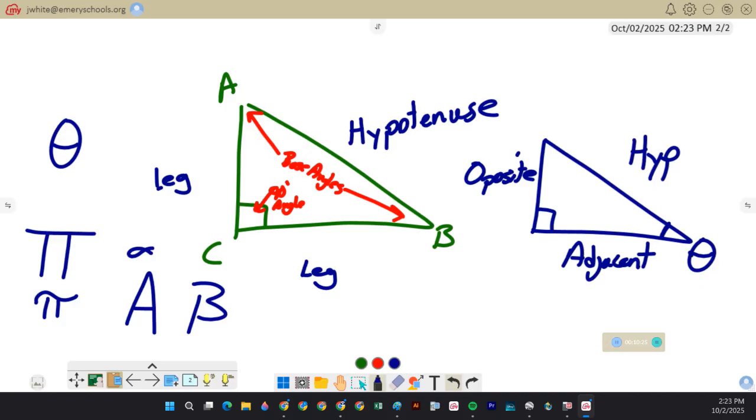Okay, so in every trig problem, you have to select an angle, and then you have to know the names of all the sides with reference to that angle. So let's draw a different triangle that's oriented in a different way. Draw this and put theta here. And we're super lazy.